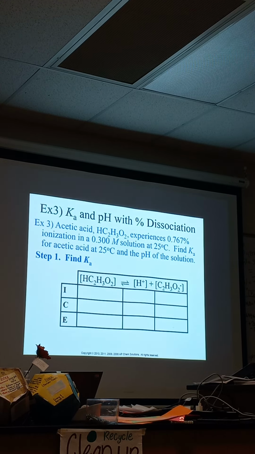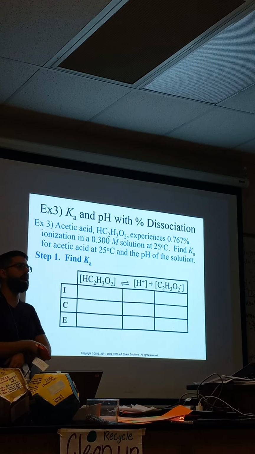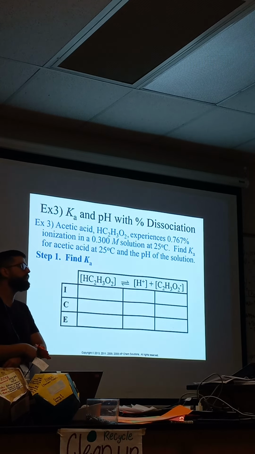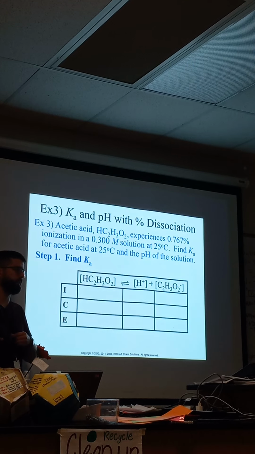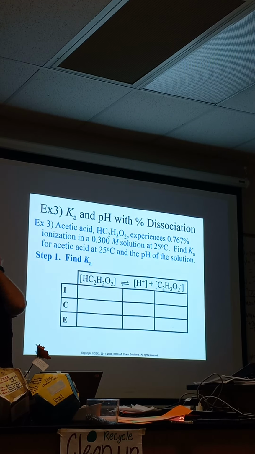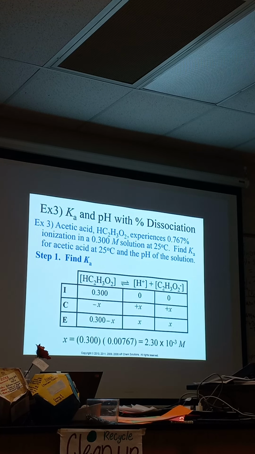So first things first, guys. We're going to do an ICE chart. But are we going to use it the way we normally use it? Go ahead, sir. Don't we use the percentage to multiply the molarity by like 0.767? Yes.